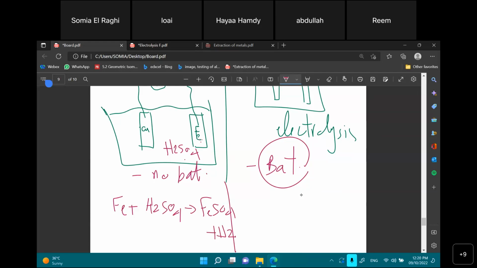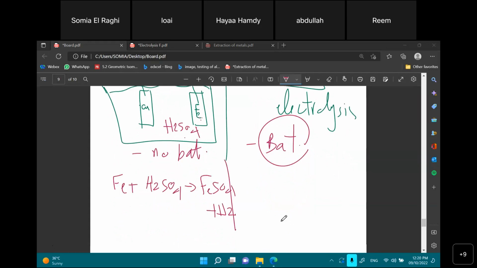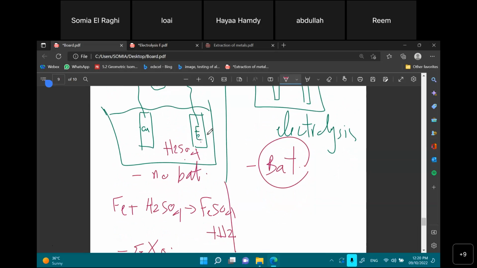So in the voltaic cell, a chemical reaction produces energy, giving electrical energy. When the reaction gives off energy, what kind of reaction is it? It is an exothermic process.